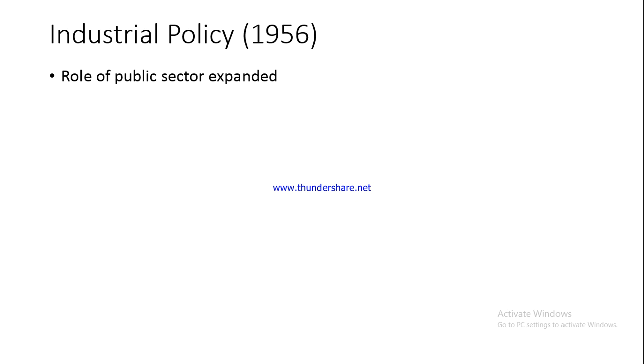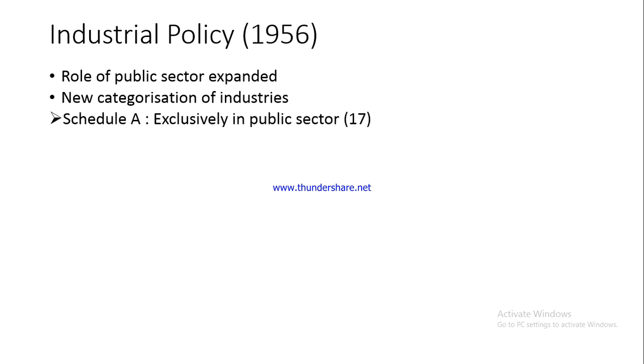If you look at the categorization of industries which came up, industries were categorized into three different categories. The first category was termed Schedule A because the industries were mentioned in the schedule, in the annexure of the industrial policy.